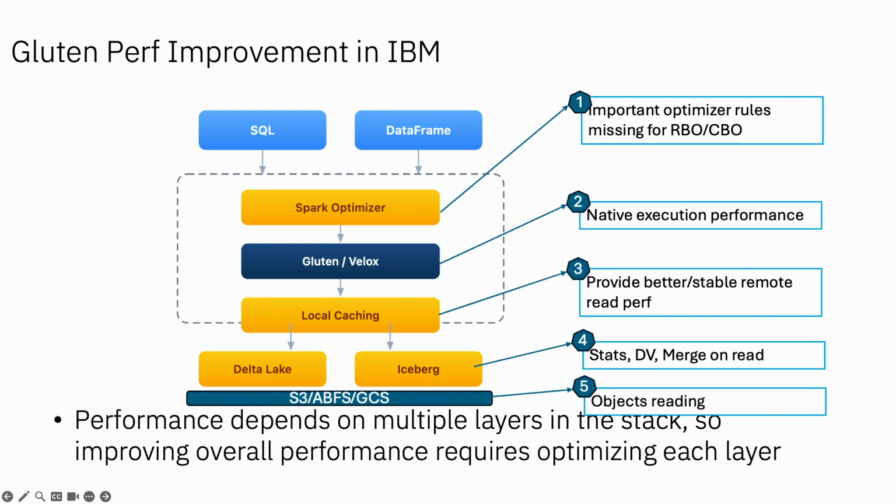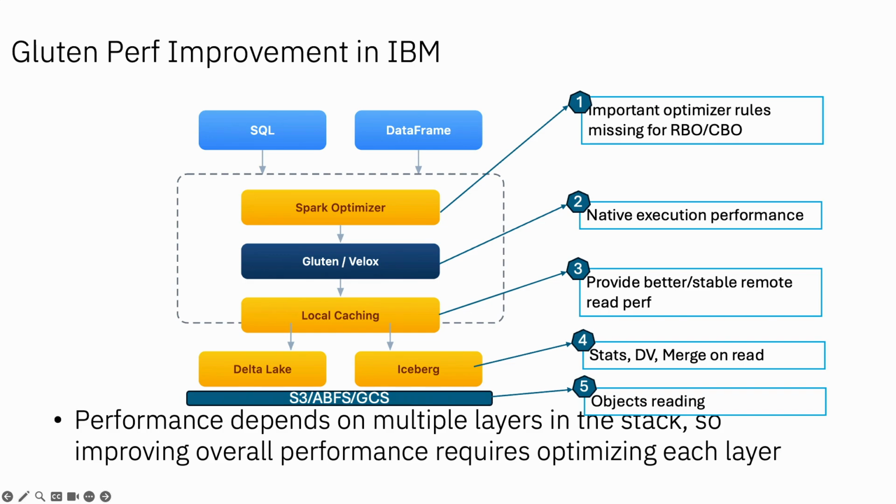In the middle, first we need to optimize with the Spark optimizer. Then we have Gluten Velox. And when it goes to the I/O, we have the local caching feature. Then we have support for data lakes and Iceberg. And underneath, it is using object storage like S3, GCS, or ABFS.